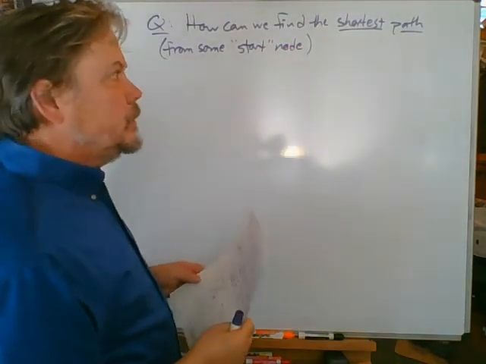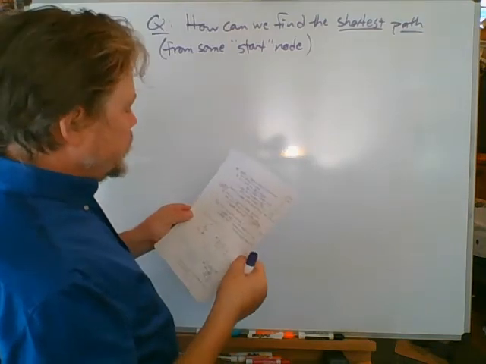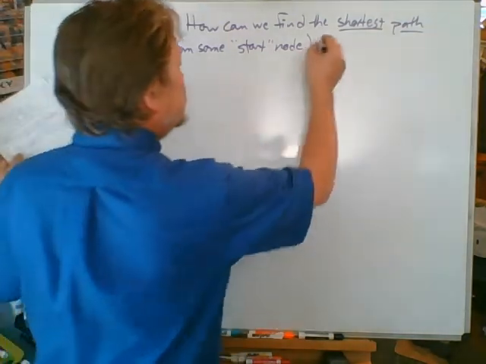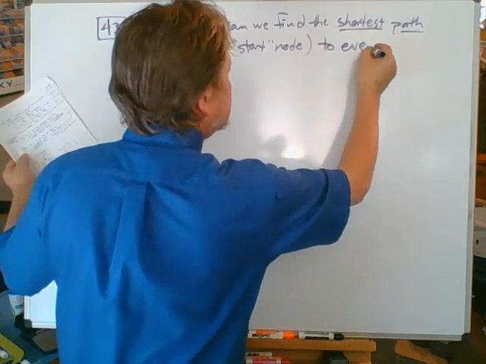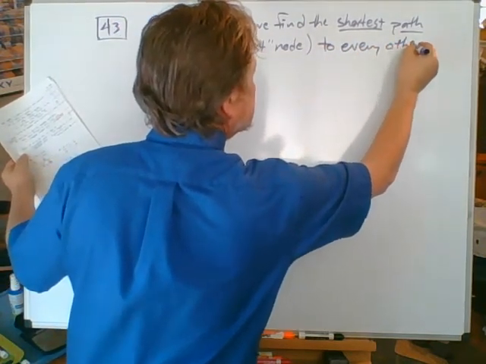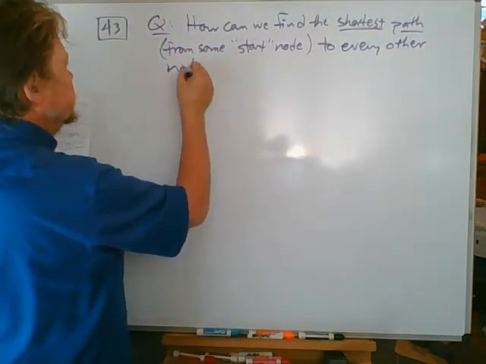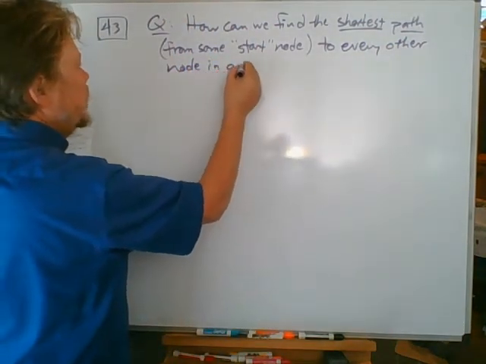We pick some particular node in the graph, and we want to find the shortest path from that start node to every other node in a weighted directed graph.